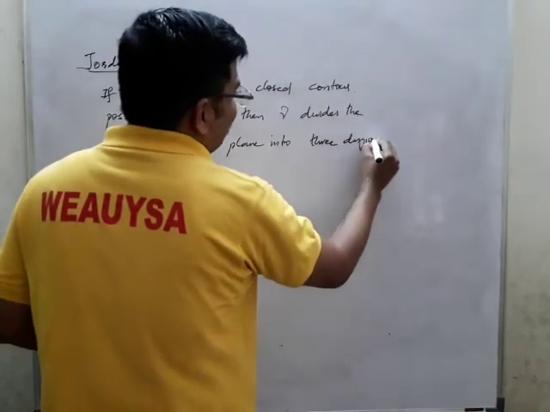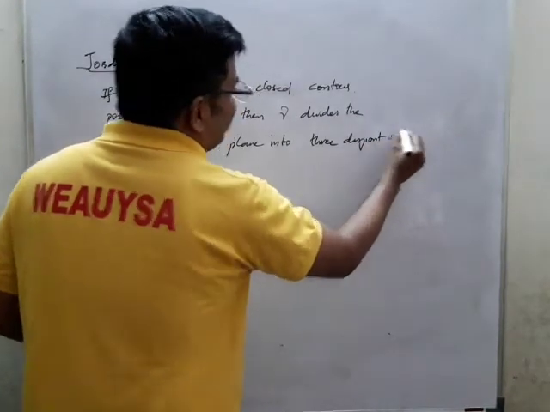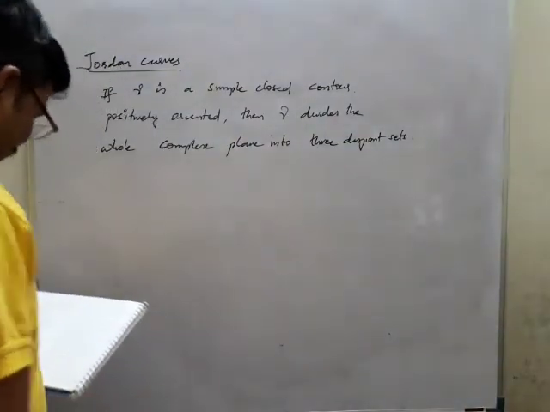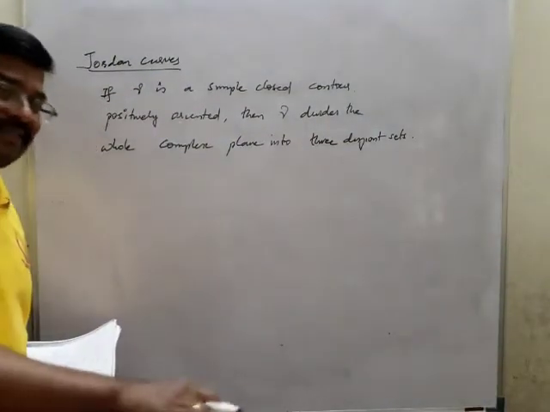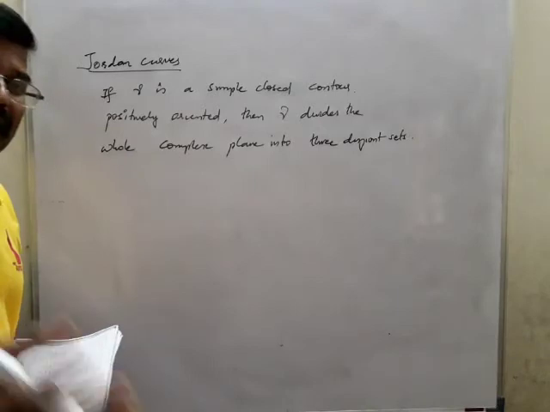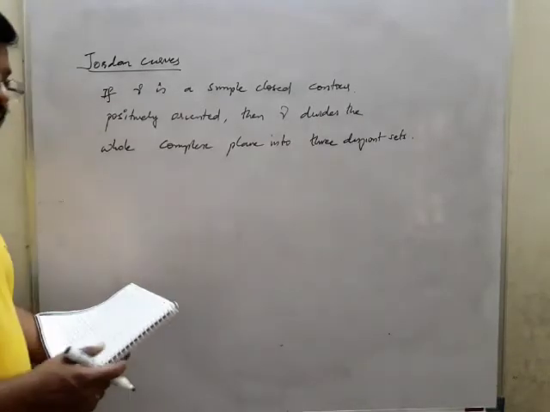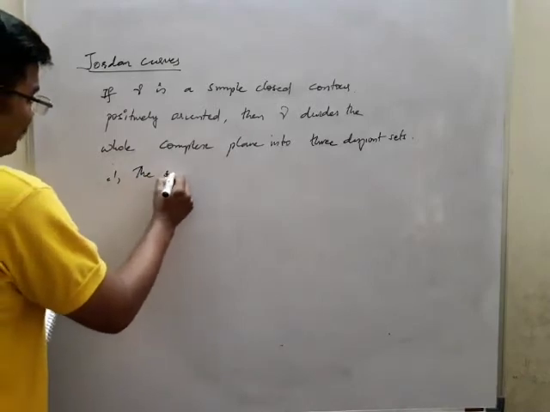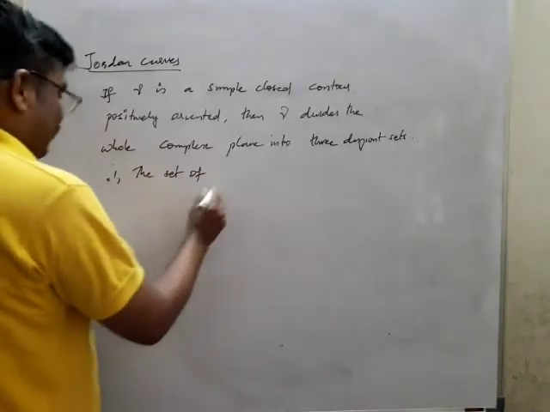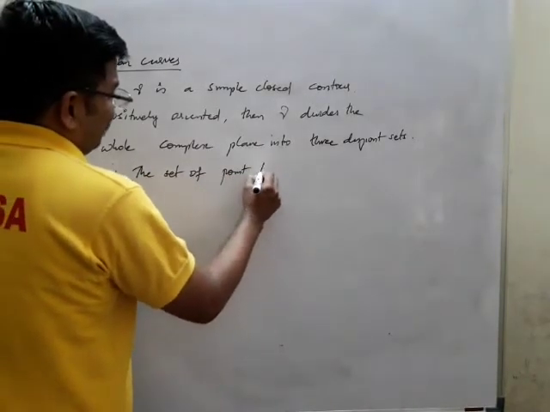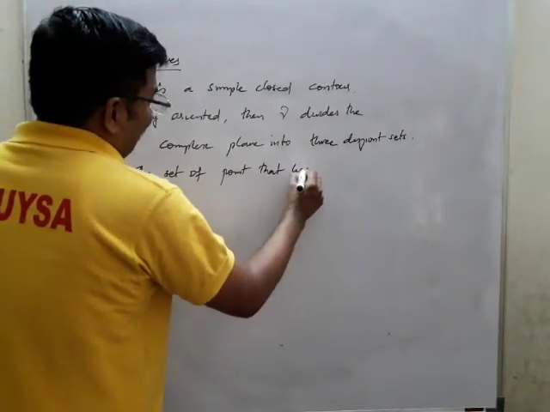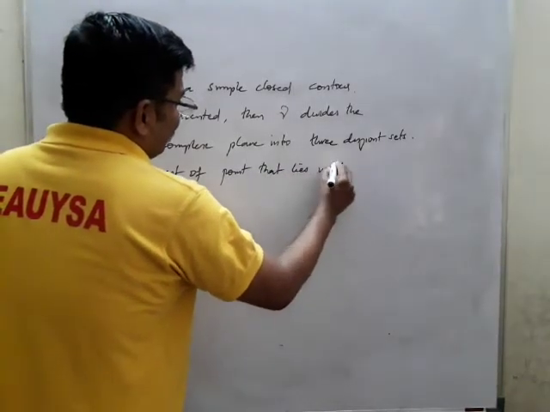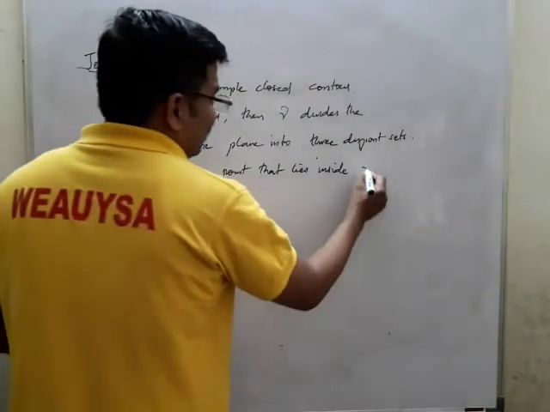It's going to divide into three disjoint sets. One is the points that lie inside, one is the points that lie outside, and one is the points that lie on the line itself only. The first set is the set of points that lie inside gamma.